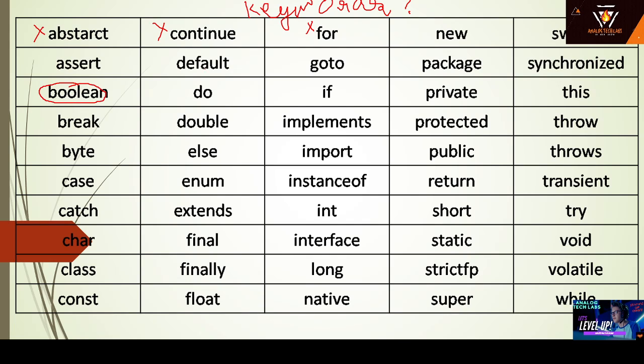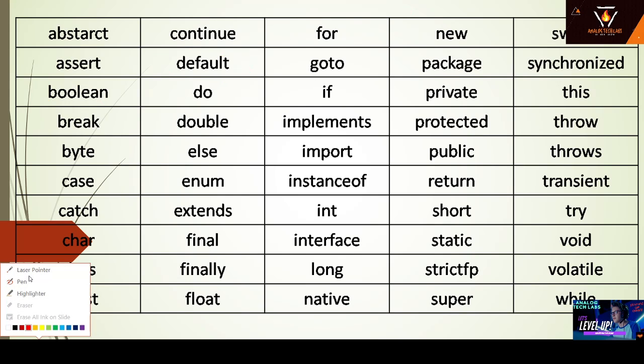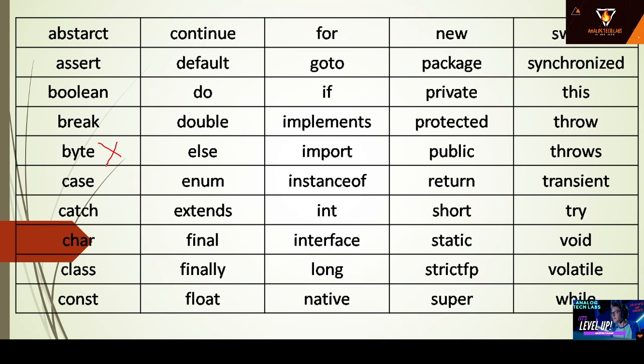In a railway it is quite the same. If this seat is reserved for my name, nobody can come and sit on that seat. Similarly, if default is reserved by Java for something, you can't use default at your convenience. So please remember that you can't use these as your variable name.